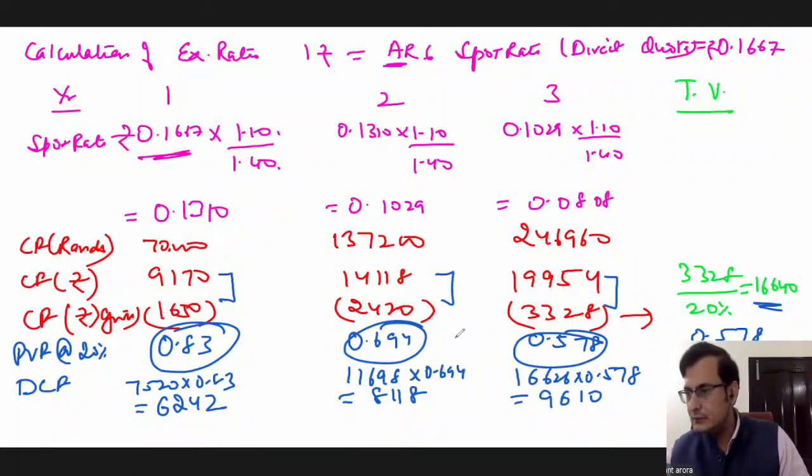Clear, guys? Oh, sorry, divide by 20%. 3328, 16640, and 16640 into 0.578.